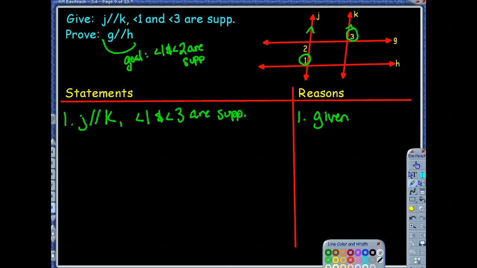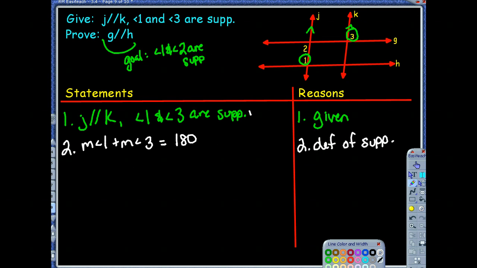So what does that tell me? By definition, that means they add up to 180. So I could just say the measure of angle 1 plus the measure of angle 3 equals 180, and that's the definition of supplementary. Perfect.